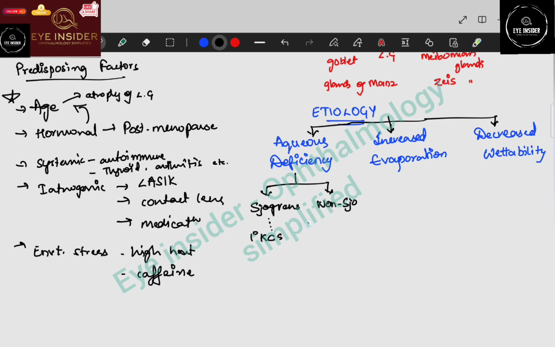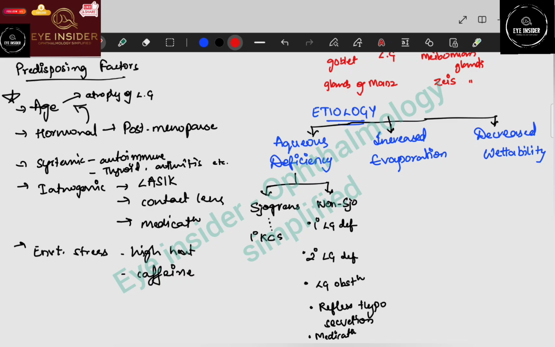Sjogren's again is primary keratoconjunctivitis sicca and secondary keratoconjunctivitis sicca. In non-Sjogren's, we have primary and secondary lacrimal gland deficiencies, lacrimal gland obstructions, reflex hyposecretion, and medication induced. Primary lacrimal gland deficiencies include age-related, congenital alacrimia, that is Riley-Day syndrome, and familial dysautonomia.